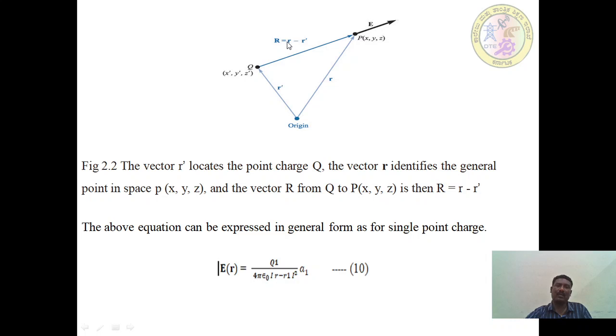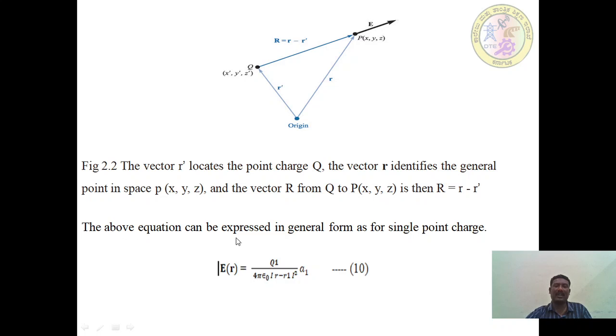Capital R is equal to R minus R dash. See this? The vector R dash locates the point Q. The vector R identifies the general point in space P, XYZ, and the vector from Q to P is then R minus R dash here.